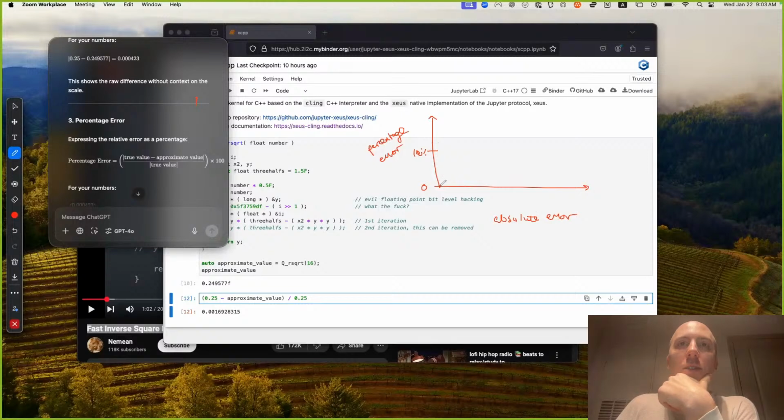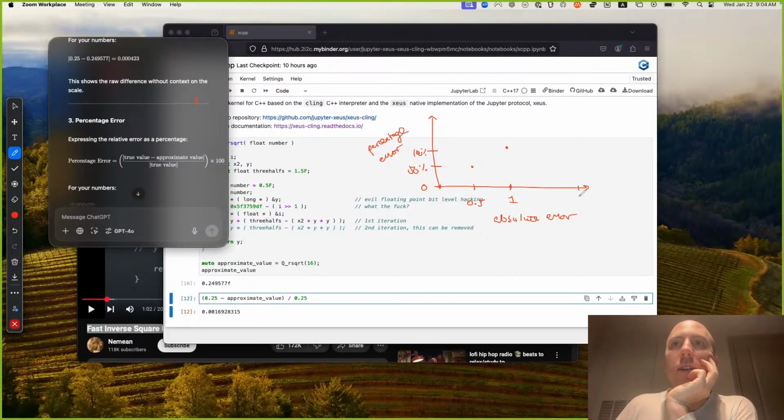So if the absolute error is 0, then we get 0. If the absolute error, let's say, is 1, then we get 100% error. If the absolute error is 0.5, then we get 50% error.